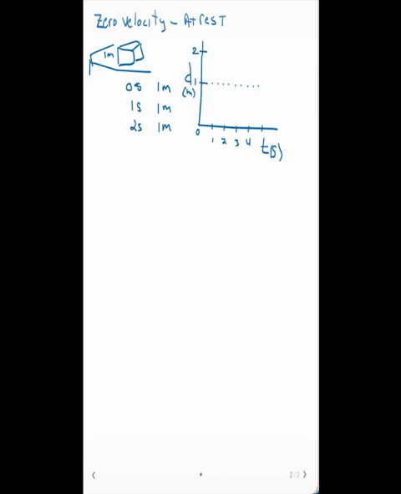So in the distance versus time graph, we're going to get a horizontal straight line for an object that's at rest.